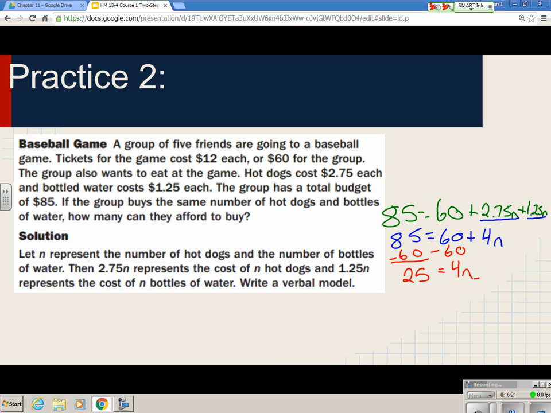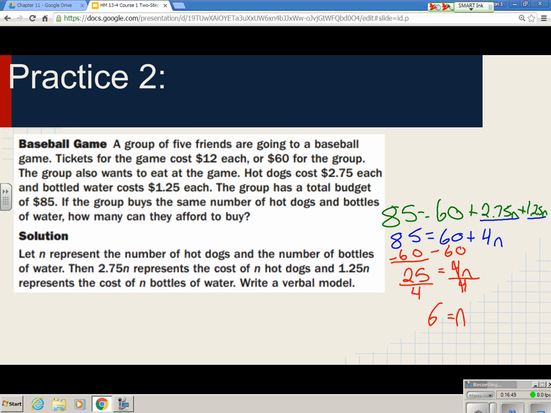We divide both sides by 4 because that's going to get us n alone. These cancel out. So 4 goes into 25 how many times? It goes in a little over 6 times. 4, 8, 12, 16, 20, 24. So you get 6 and then some change. So I'm going to say n equals 6 because you can't have a little extra.